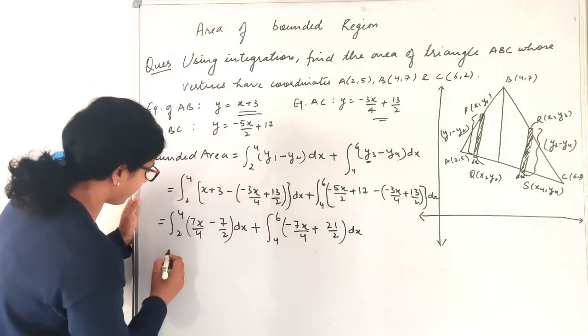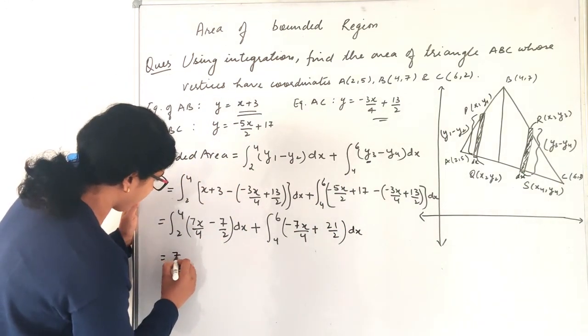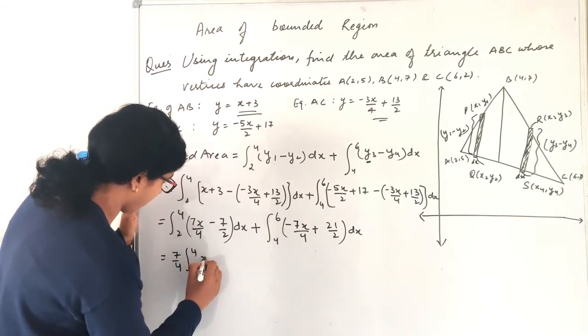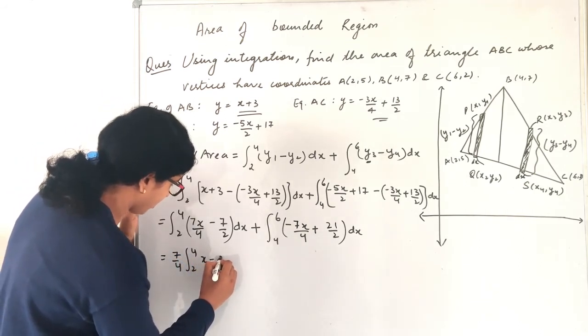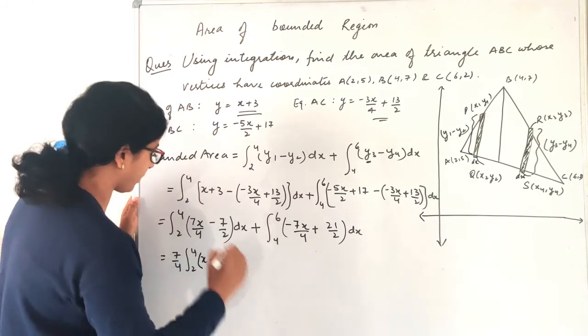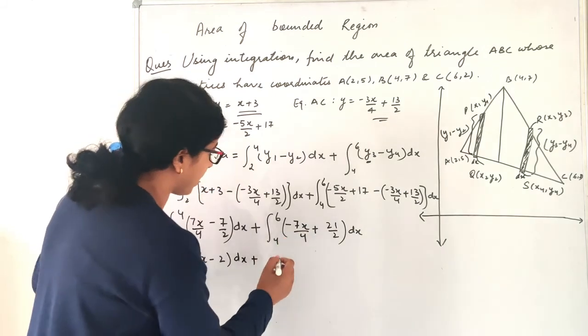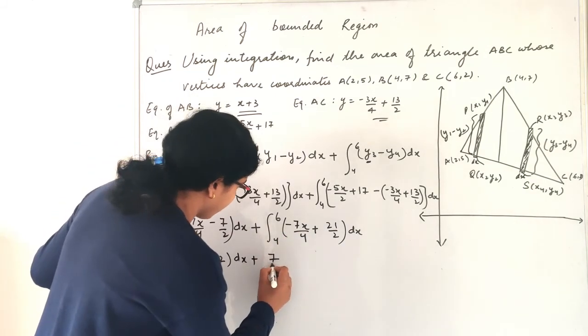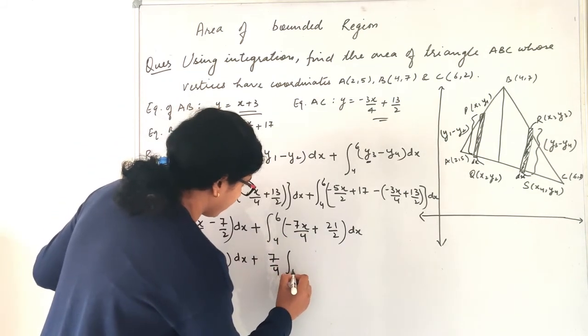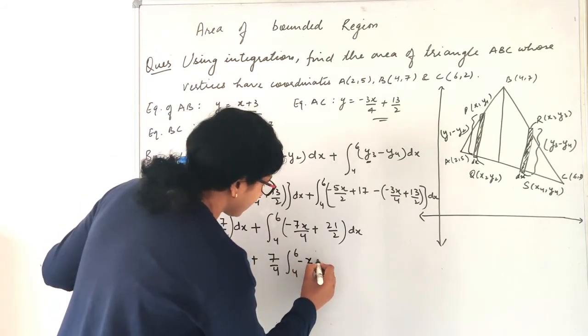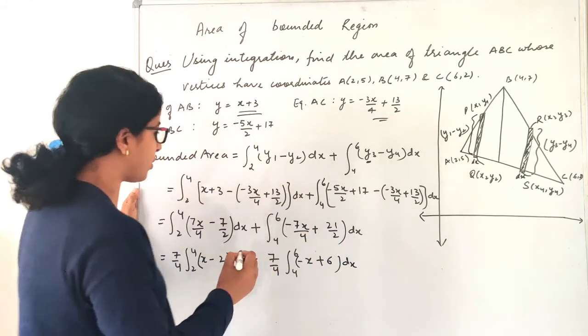Now if we further solve it, if I take out 7 by 4 common from here, I am left with the integral from 2 to 4 of (x minus 2) dx, right, plus, from here also I'll take out 7 by 4 common, so I am left with the integral from 4 to 6 of (6 minus x). Let us now integrate it.